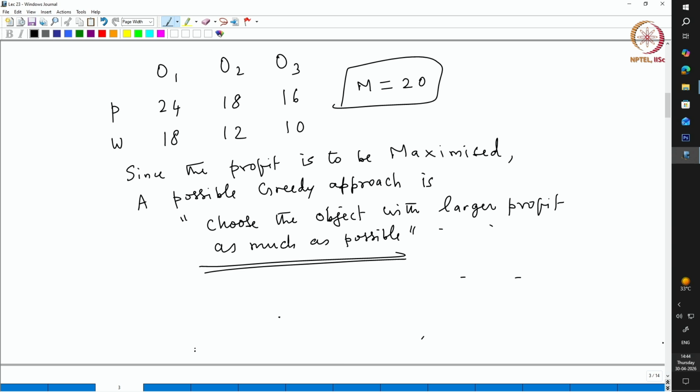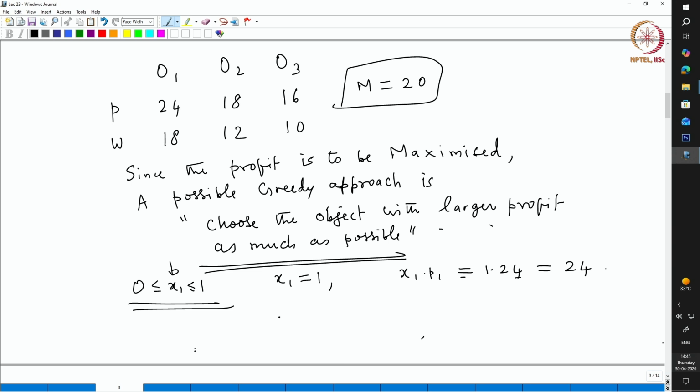For example, O1 has got maximum profit. I would like to take that as much as possible. Since 0 is less than or equal to x1 less than or equal to 1, I will set x1 equal to 1. The profit you are getting is x1 p1, that is 1 times 24, that is 24.